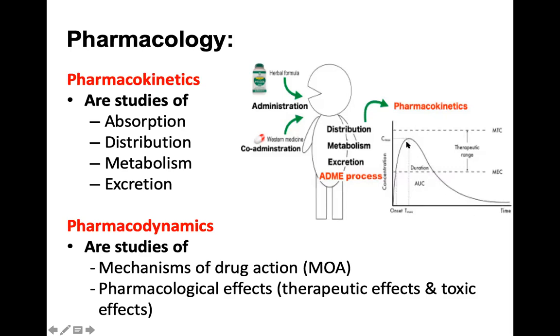There is a certain concentration in the plasma at which the drug will be effective, and that range is known as the therapeutic range. That means a lower and a higher limit within which the drug will be effective. If the absorption is too high and too much of the drug is in the body, toxicity can happen.